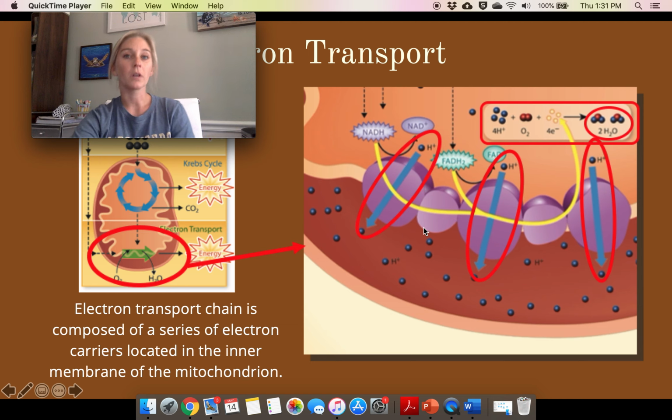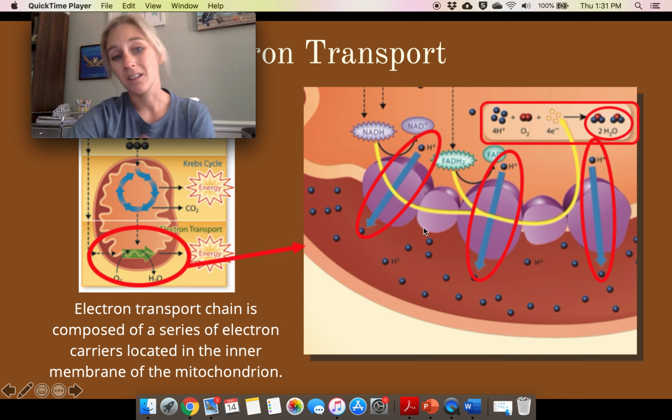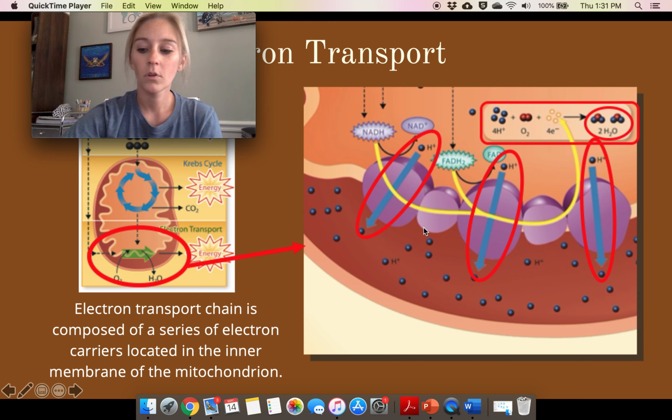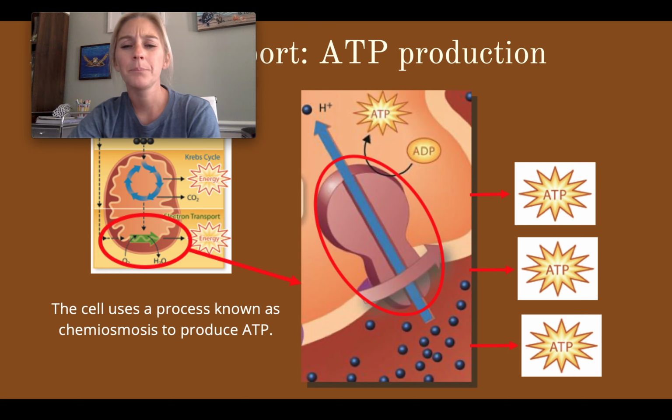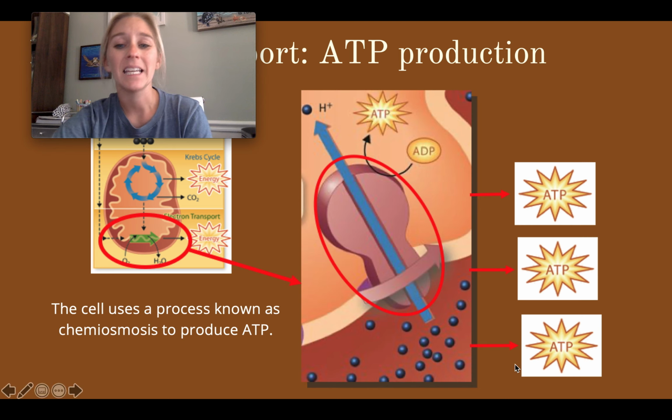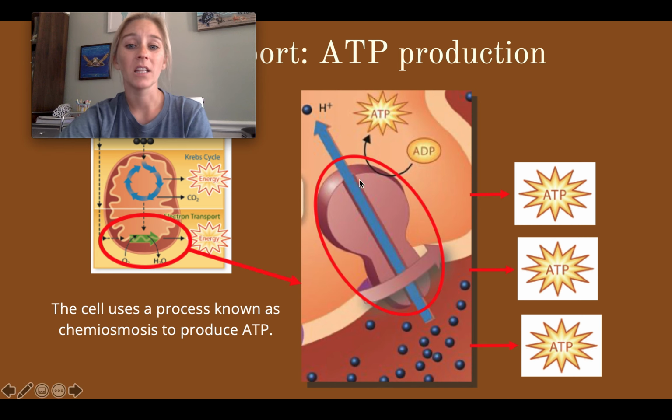So in prokaryotes, the electron transport chain is actually going to be happening in the cell membrane. Here we go. The inner mitochondrial membrane contains enzymes known as ATP synthase, and that's what you're seeing here.